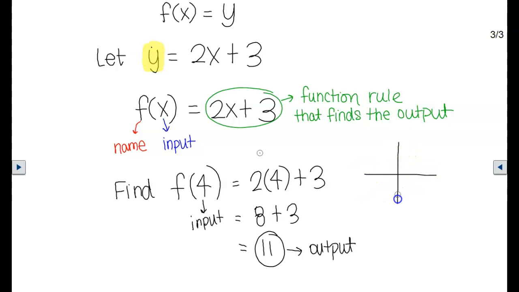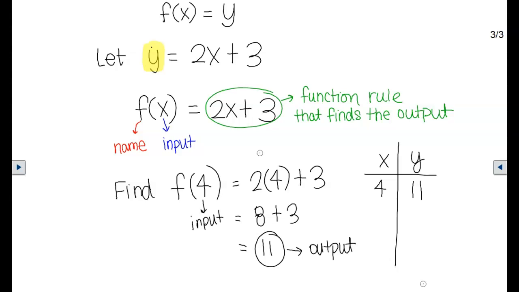So folks, this would be just like making that function table like you did yesterday. You don't need to write this down, but I'm doing it to show you here. This would be like having a 4 in that x column, and then working it out and putting that 11 in the y column. You're doing the same thing you did yesterday. Plugging in a number for x, working it out and getting a y.